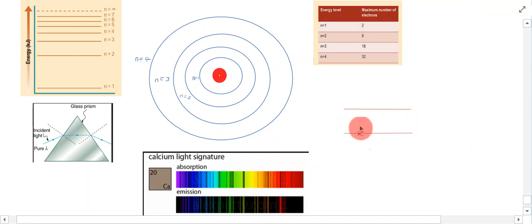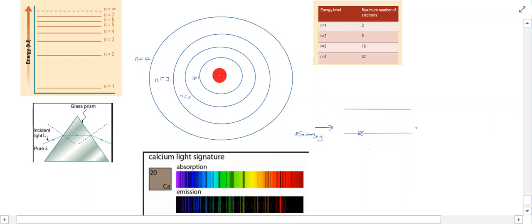For example, this electron, which is part of an atom, could be inside a discharge tube, and it might receive energy from the electricity passing through the discharge tube. Or another way is that this electron could be part of an atom and it comes in contact with a flame, for example in a flame test. So essentially what happens is we get an input of energy.